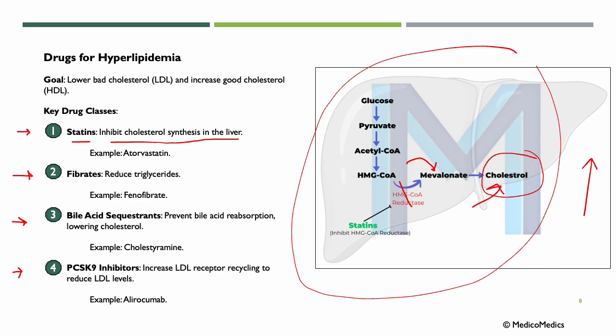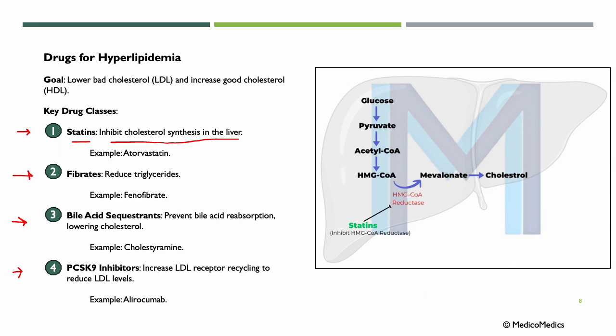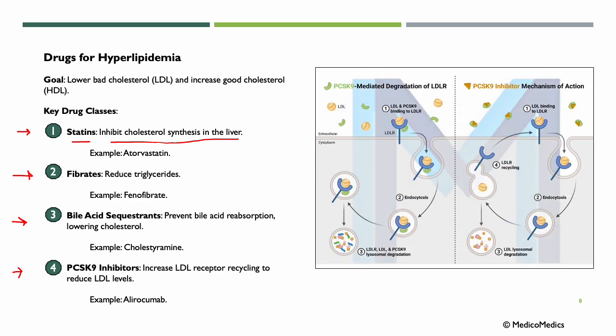And we could take just another example, which are the PCSK9 inhibitors. Now, PCSK9 is a protein that binds to LDL receptors on our liver cells and targets them for lysosomal degradation.